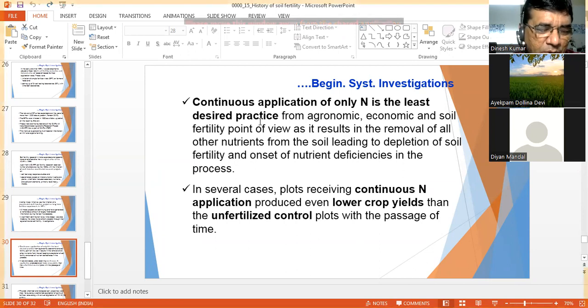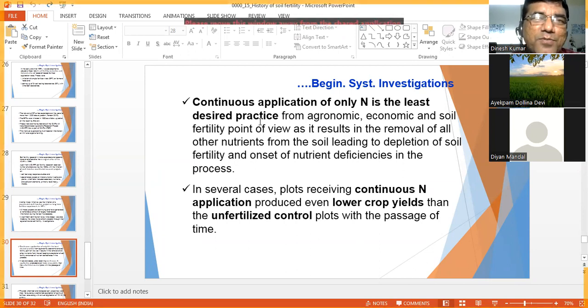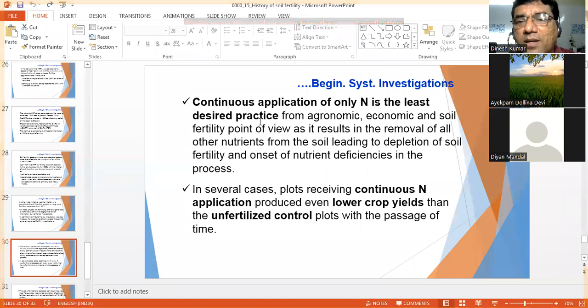Applying nitrogen only is more dangerous than not applying it, because the soil will become infertile quickly due to proportionate uptake of P and K also. If you apply more nitrogen, it encourages more uptake of phosphorus and potash also. So in the end, the soil will be exhausted of P and K. Therefore, there will be a sharp decline in yields.